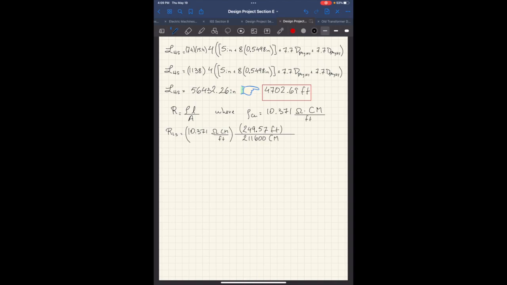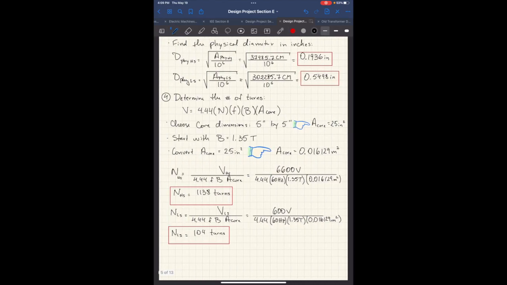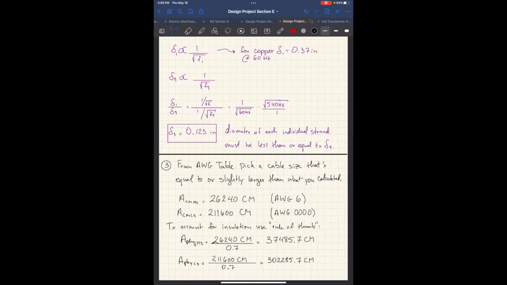When you look at this later, look at the numbers. This 211/600 circular mill is the cross-sectional area of the conductor without the added insulation. Let's go back to show you that.